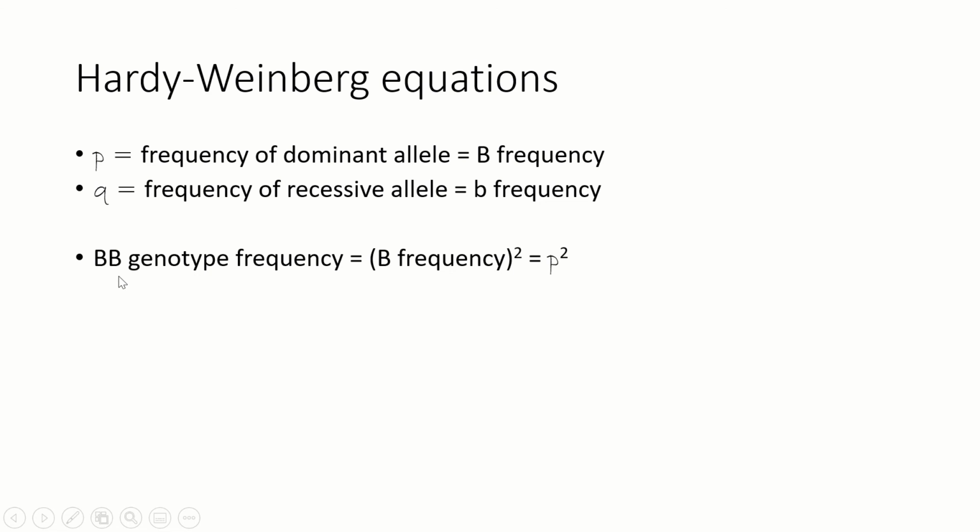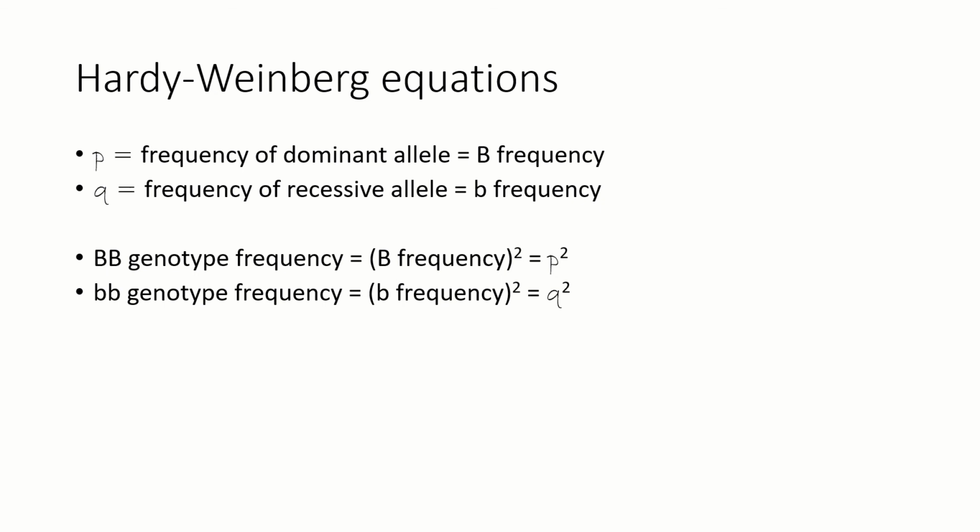So to get the genotype frequency, or the percentage of the population that would have this homozygous dominant genotype, you just take P and square it. P squared. Okay. Q squared is the homozygous recessive genotype frequency.